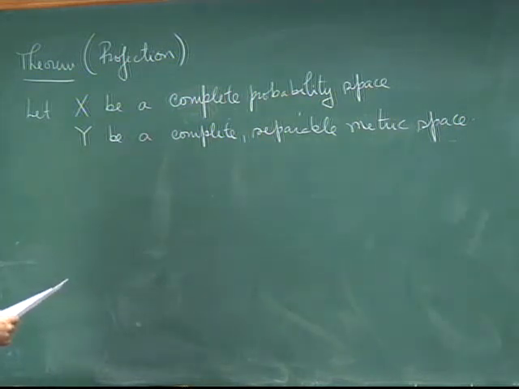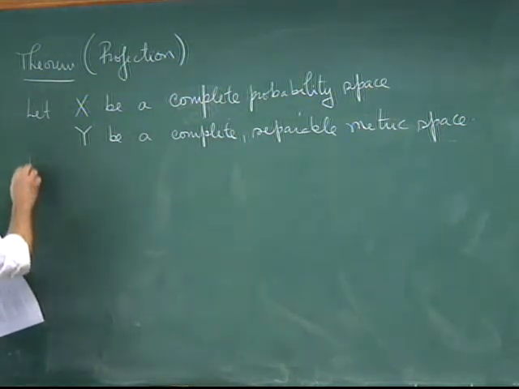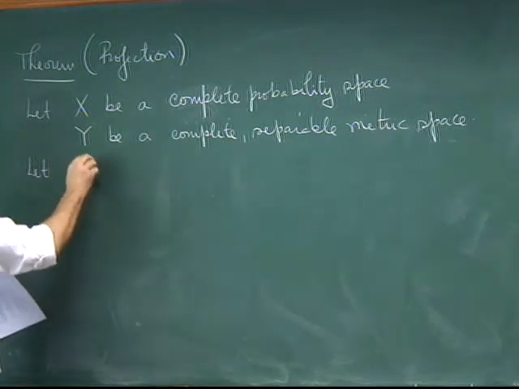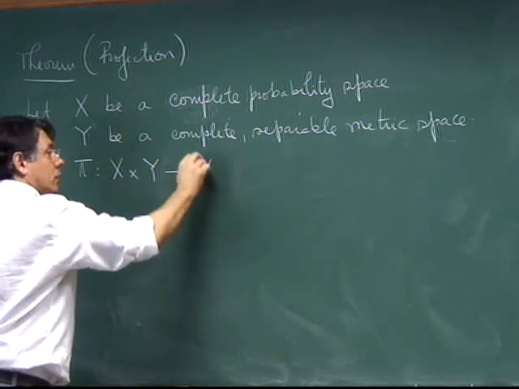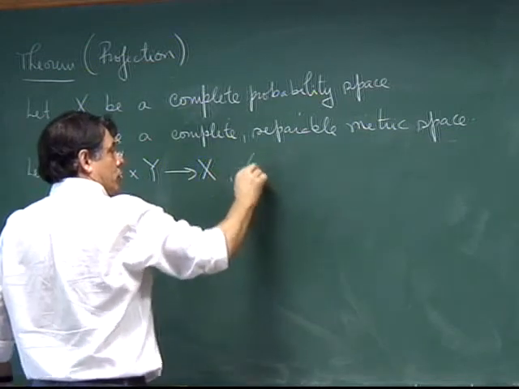Let phi from X times Y to X be the canonical projection.